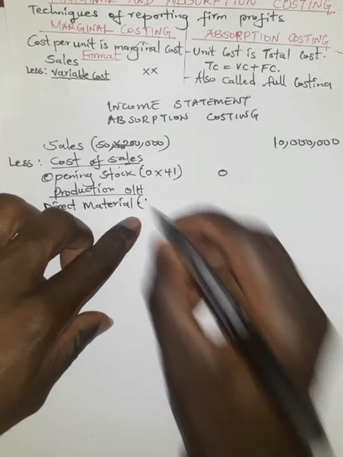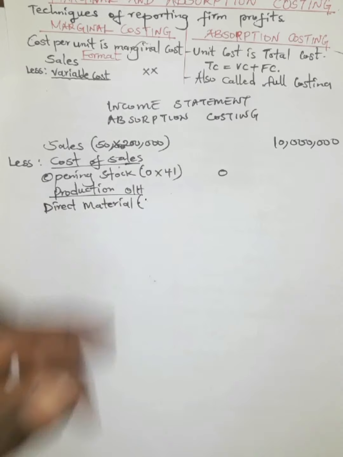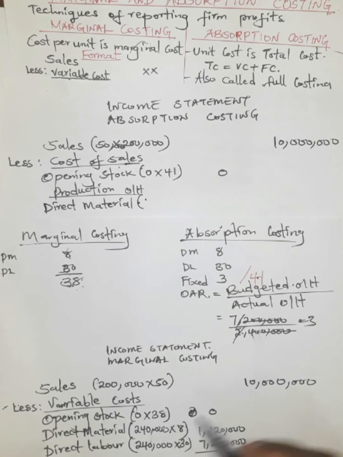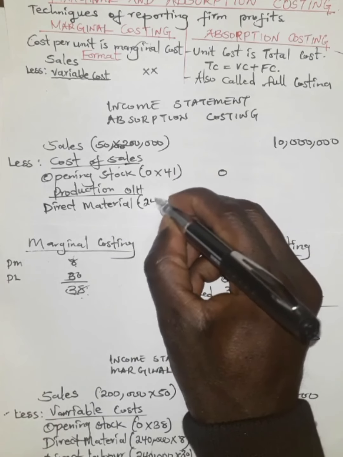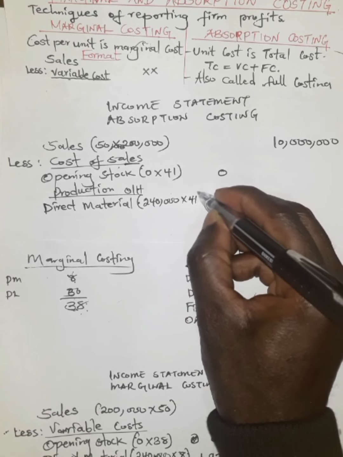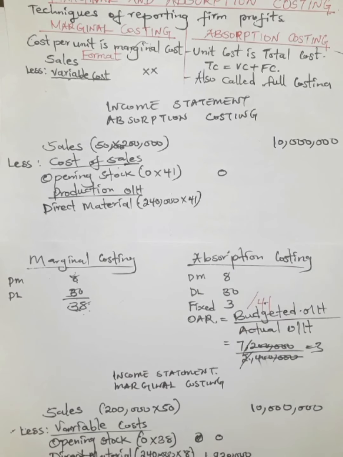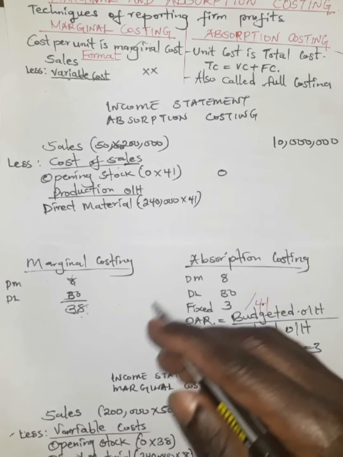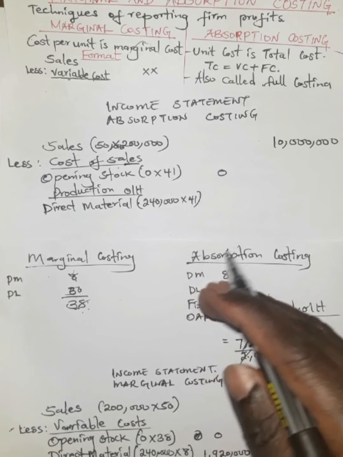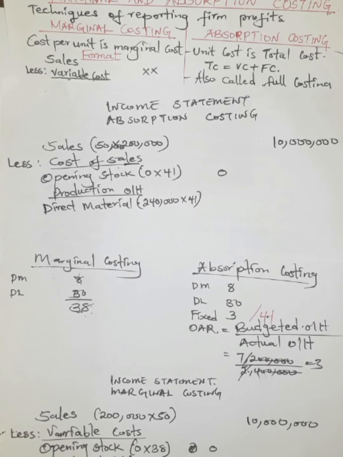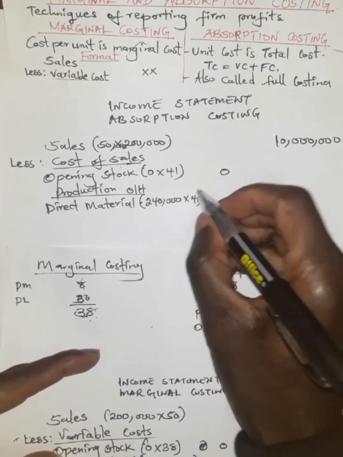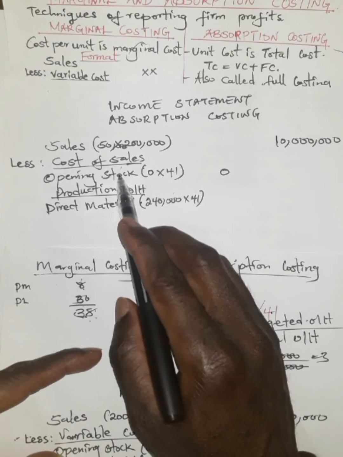How many units were produced? 240,000 units were produced times 8. The 41 is only affecting the opening stock as well as the closing stock.